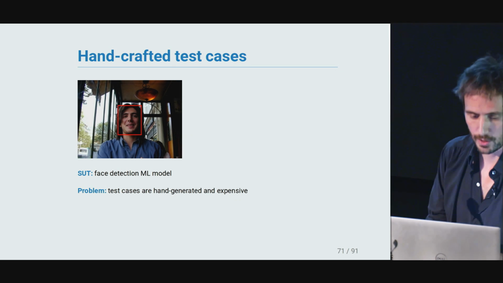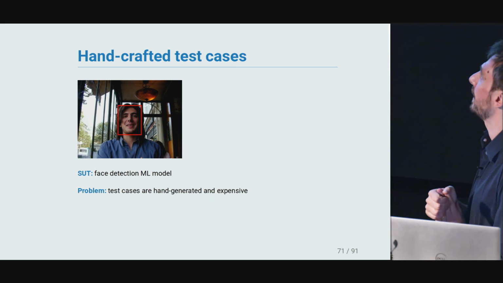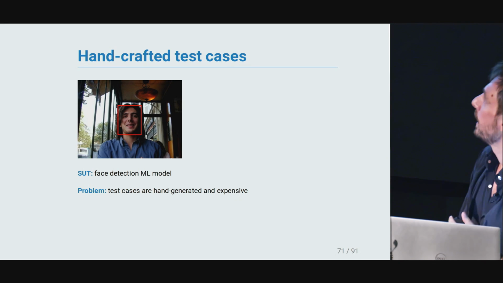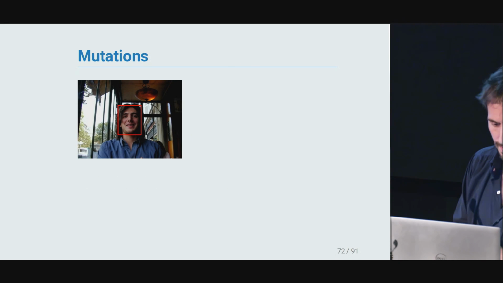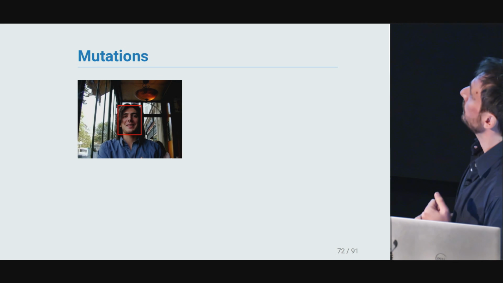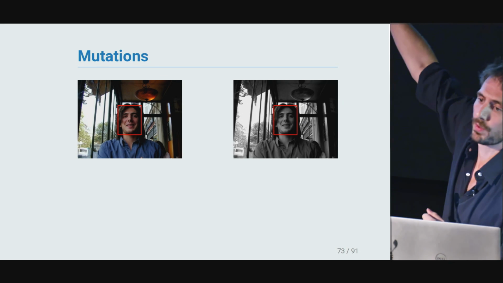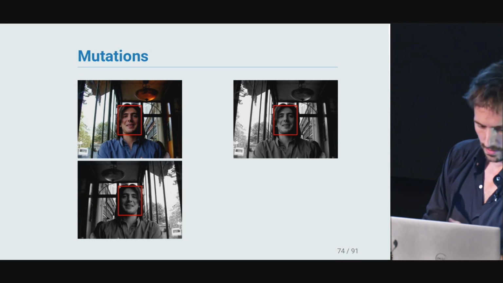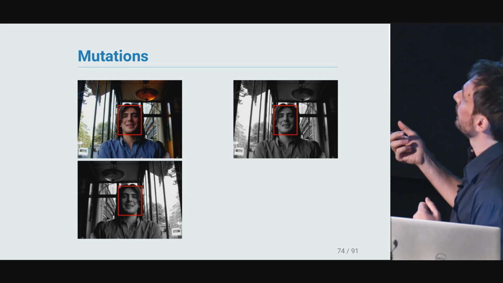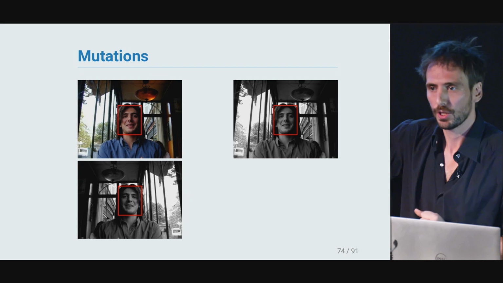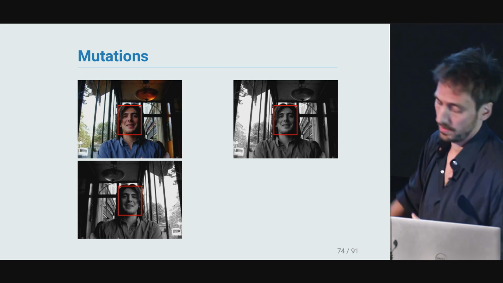We thought really hard about it with a team. And somebody, obviously not me, came up with this fancy idea. If you have this image, and then you change the color palette, the bounding box is at the same location. If you flip it, the bounding box is not exactly the same location, but you know where it's going to end up.